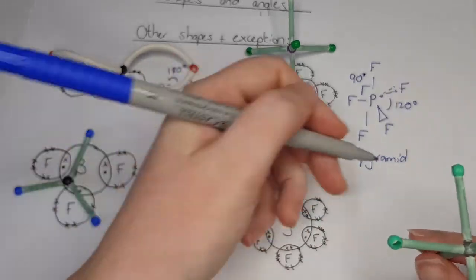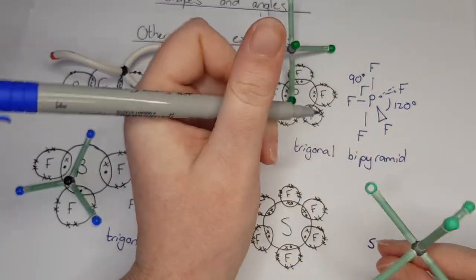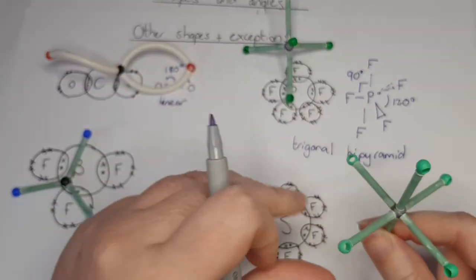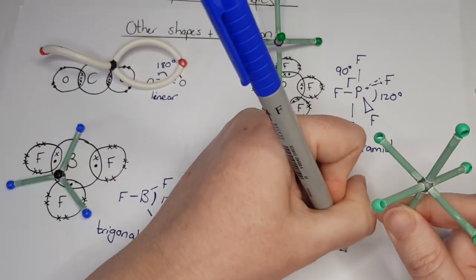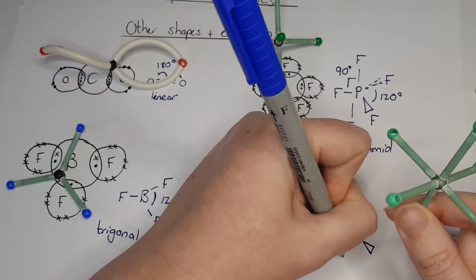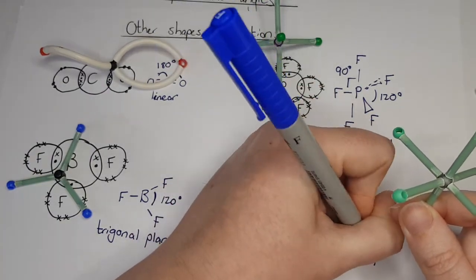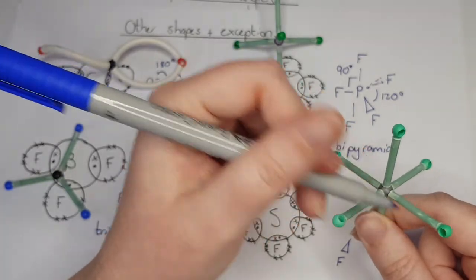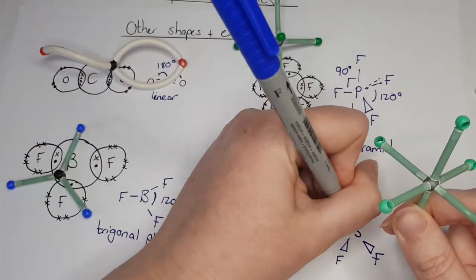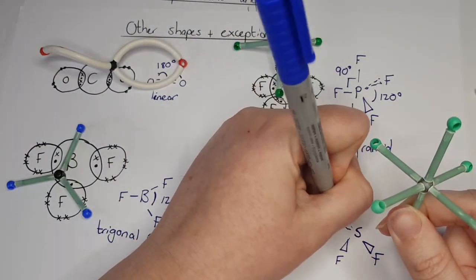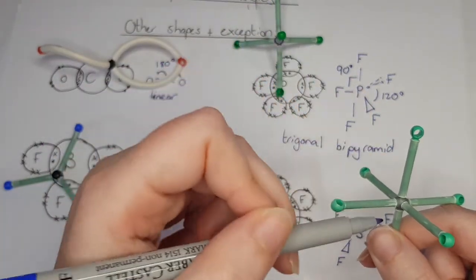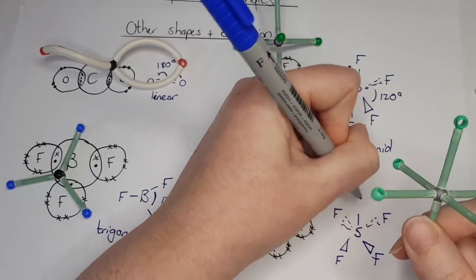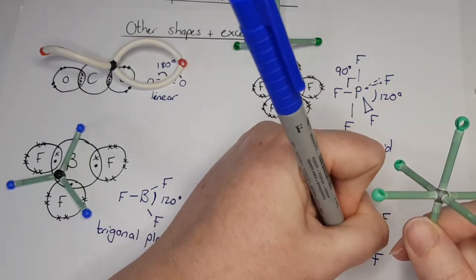So I'm going to have my sulfur, okay, and then 2 of them are coming forward. And when those 2 are coming forward, 2 of them are going back, and then 2 in the straight plane, one going up and one going down.